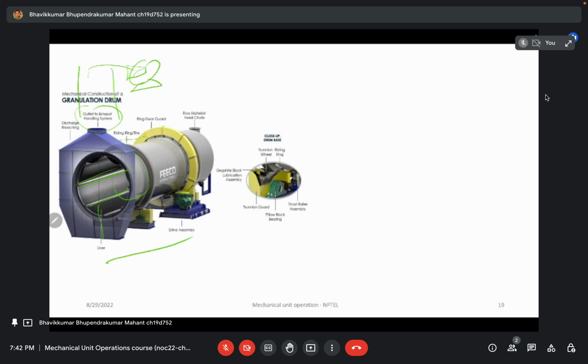There is also a lock and raw material feeding chute, and a driving assembly. If we look closer, in this assembly you can find many small details of how it works. This is just for explanation purposes.